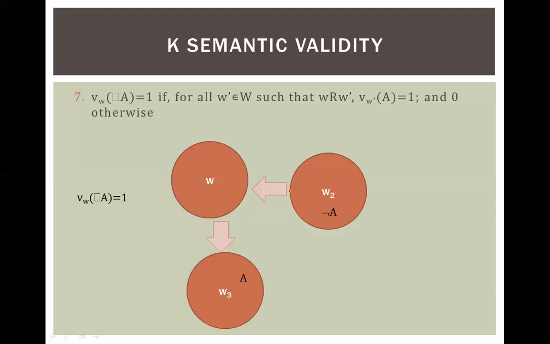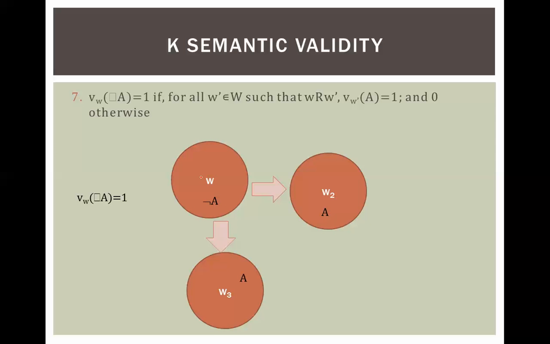It doesn't matter if W2 relates to W1. W has to relate to W2 in order for this to make any difference. Okay, here's a case where not A is true in the same world that you're talking about, in W. But since all the worlds that W is related to have A true, then necessarily A is also true.